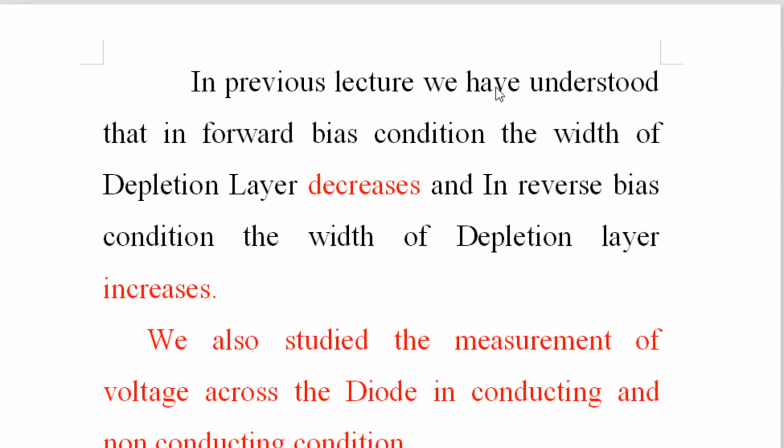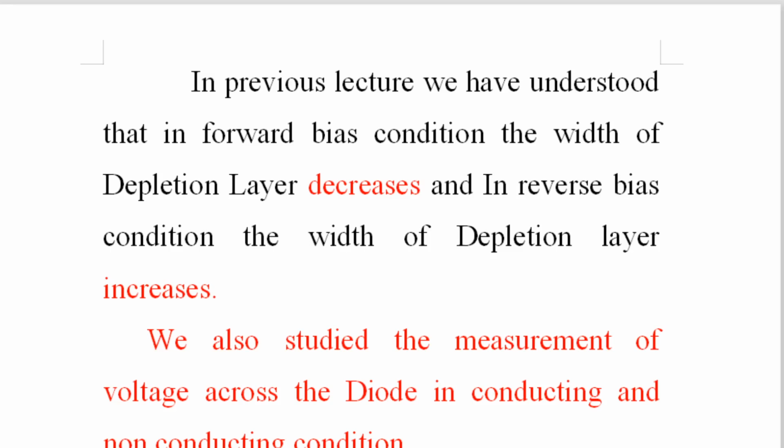In the previous lecture, we have already understood that in forward bias condition, the width of the depletion layer inside the PN junction diode decreases, and in reverse bias condition, the width of the depletion layer increases. So how is the depletion layer created?